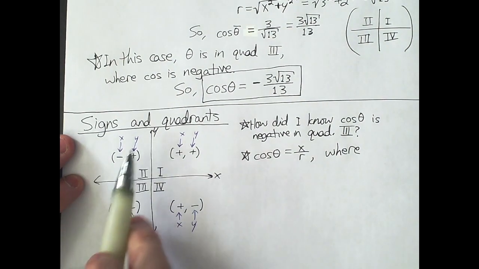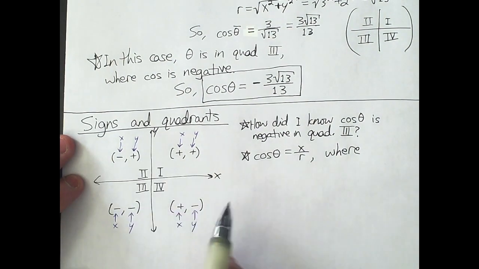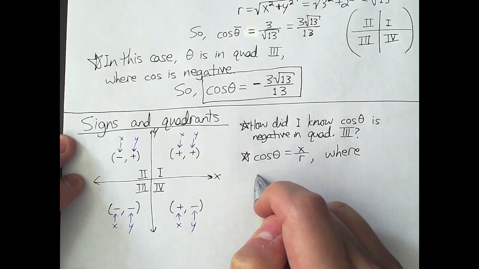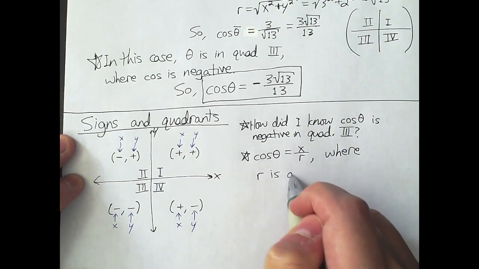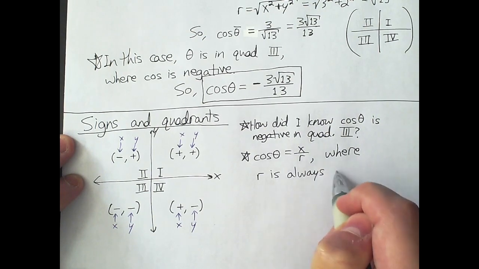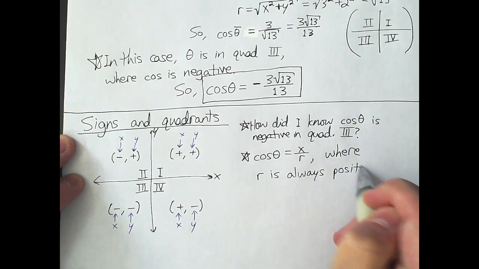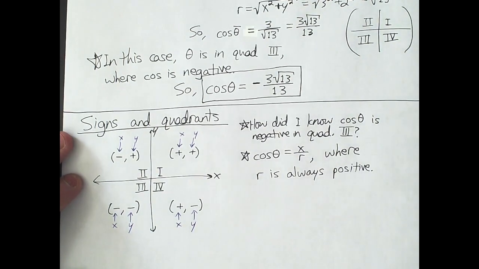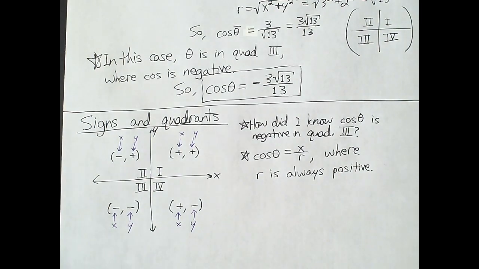Where does r show up in this? Here's x and y, x and y, x and y. Where does r show up? Well, I'm going to say r is always positive. How do I know r is always positive?